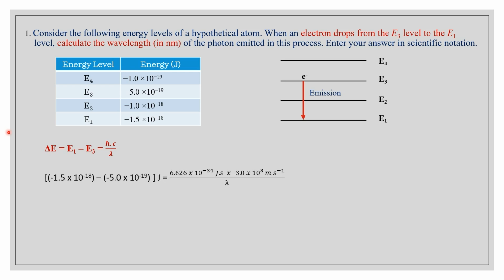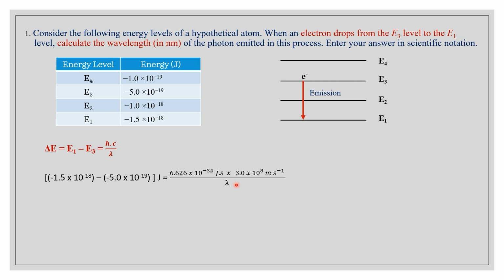Now let's apply the values. E1 energy given in the table minus E3 energy is negative 5.0 times 10 to the negative 19. This E1 minus E3 is equal to h, the Planck constant, a constant we know, 6.626 times 10 to the negative 34 joules times second, times c, the speed of light, again a constant value, 3.0 times 10 to the power 8 meters per second, divided by lambda.